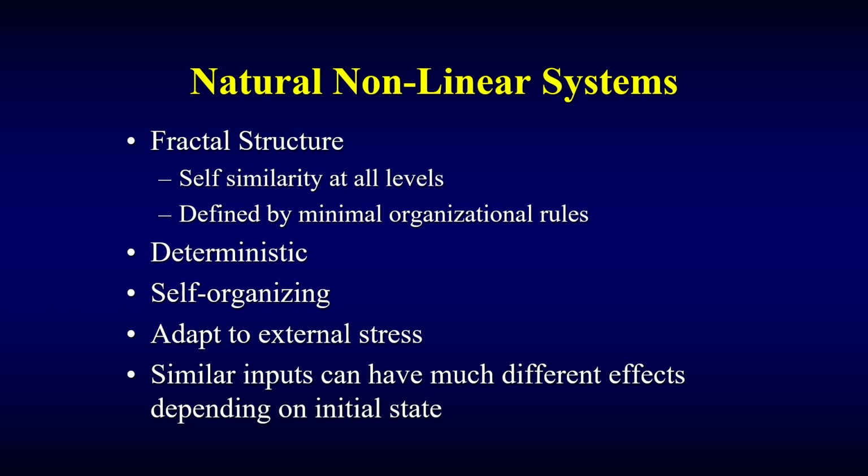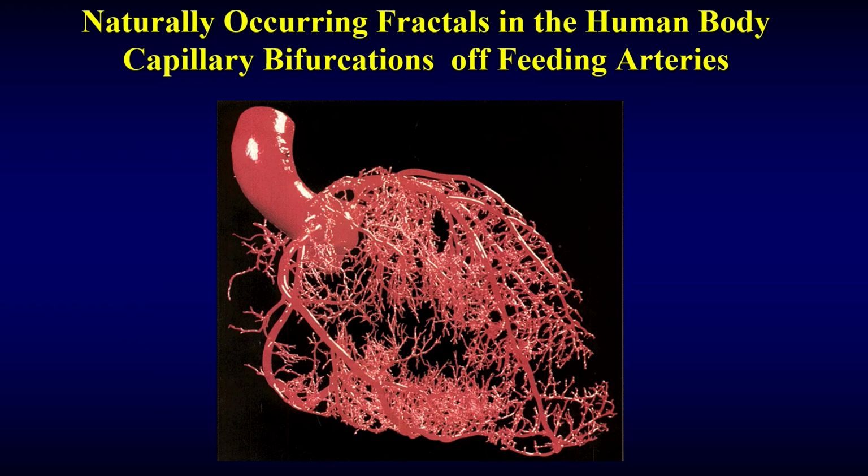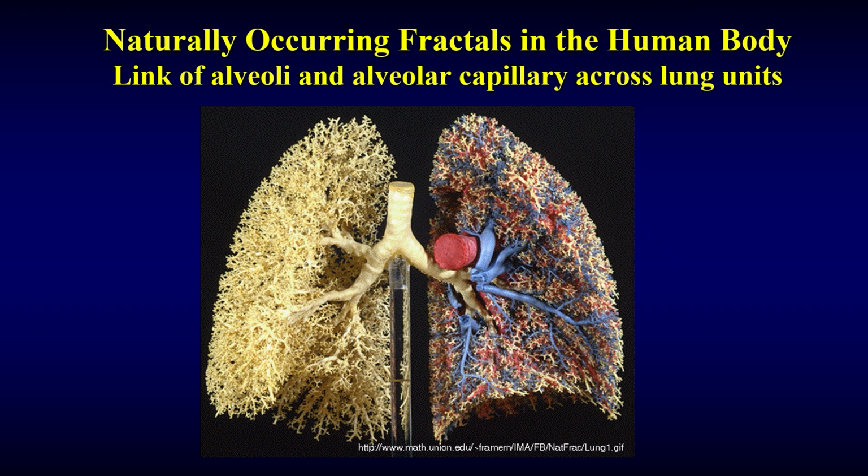And similar inputs, and this is important, can have much different effects on two different patients depending upon their initial state. It's the fact that we have fractals that we now understand how the capillary system, once it leaves the large arteries in the heart, works. It was only after we had fractal systems that we were finally able to understand pulmonary blood flow gas exchange units.